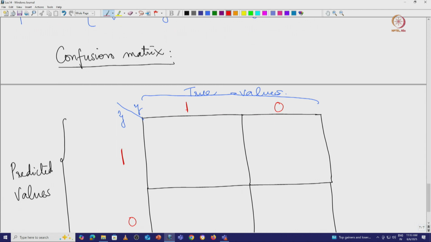So when y and y hat both are 1, this is obviously a true positive, TP. Then this is a false positive. Your y hat incorrectly is 1, whereas y should have been 0. So that is a false positive.